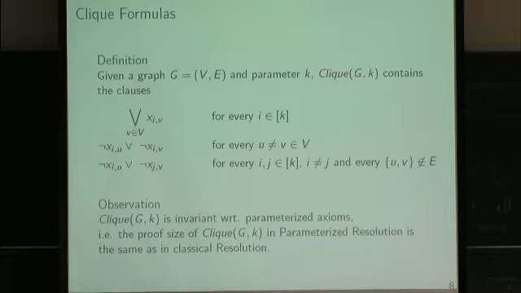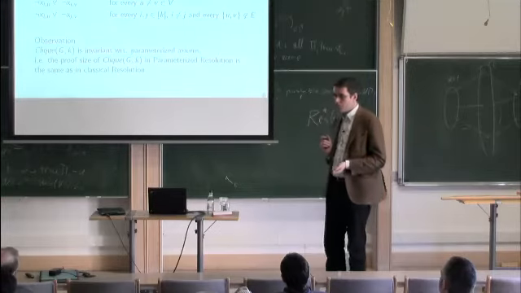This is simply because if you look at the second type of clauses here, every parameterized axiom that you might want to use is actually a weakening of these axioms. Just because you have k indices, and then if you have k plus 1 variables, in these k plus 1 variables you must have two variables with the same index. So the parameterized axioms do not add any power in refuting these formulas.